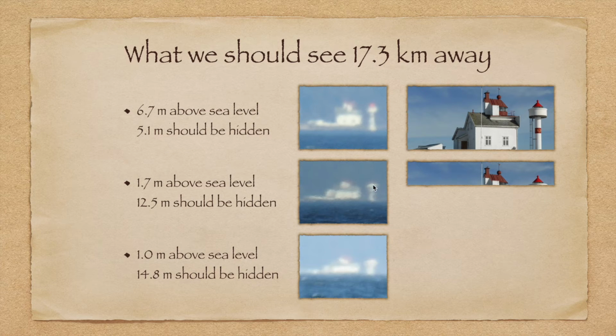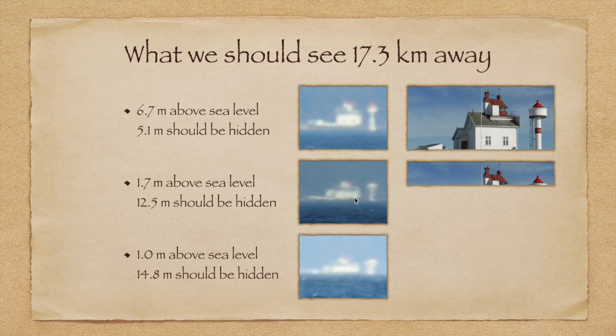But I actually see all of this white part. I shouldn't see the roof of the house, but I see the roof of the house, and I see the white wall of the house, and then it gets kind of blurry, so maybe you can't really say that you see anything below this point, but you see definitely more than you should see.